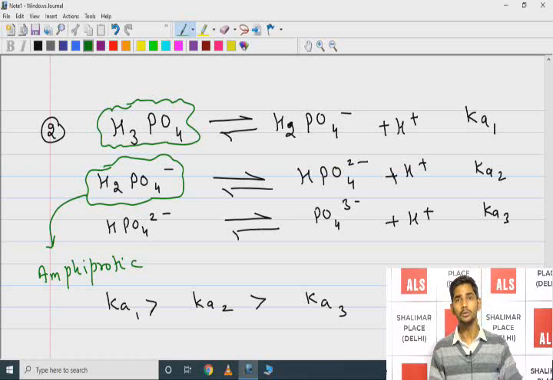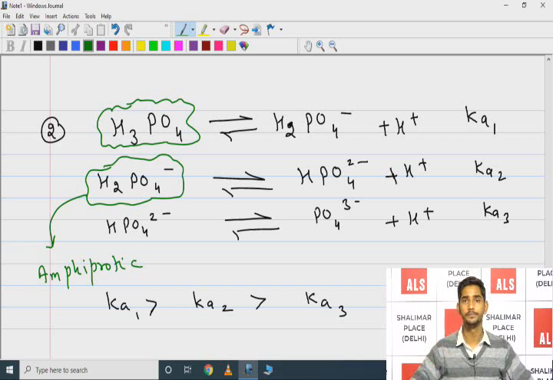We have discussed what amphiprotic means: it can donate H plus as well as accept H plus. Now think very carefully, guys. A substance which has the capability of both donating as well as accepting, can you say it is a very strong acid?